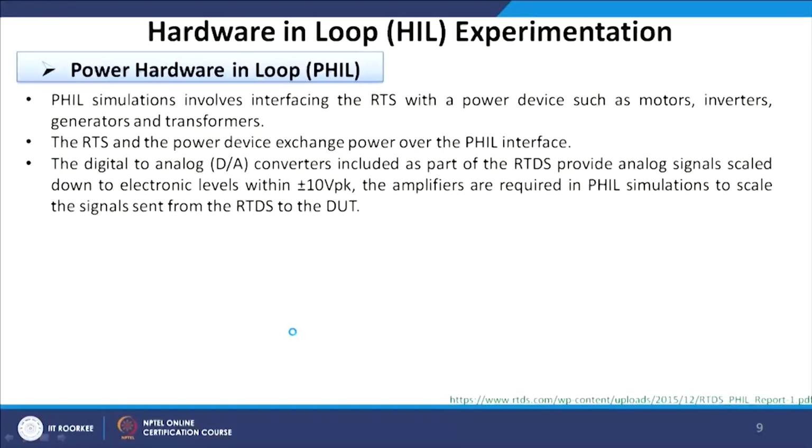Now, the digital to analog DA converter, included as part of the RTDS, provides an analog signal scaled down to electronic level within plus or minus 10 volts, and the amplifier is required in PHIL simulation to scale the signal sent from the RTDS to the DUT, or your device unit.